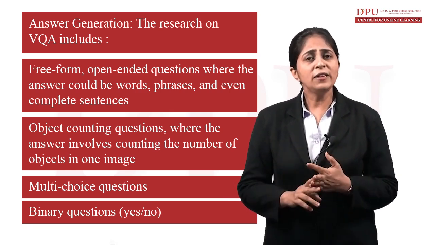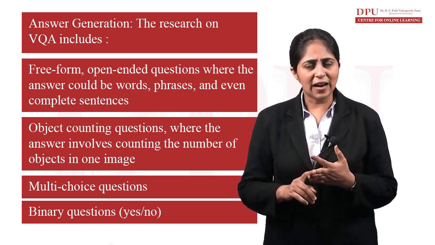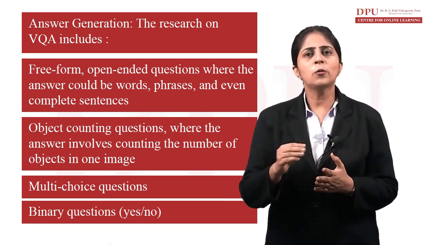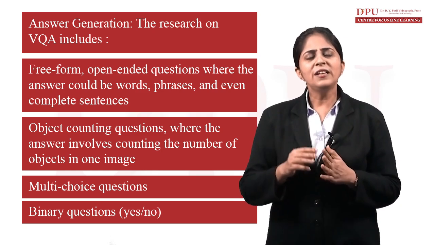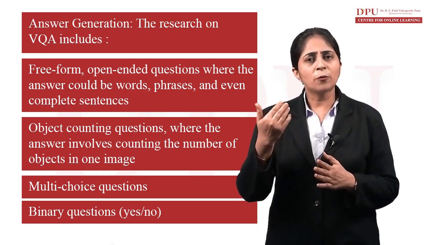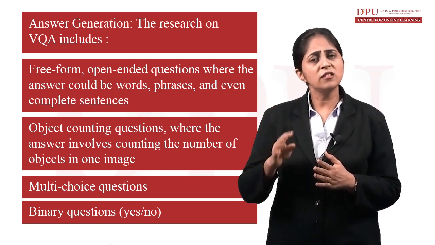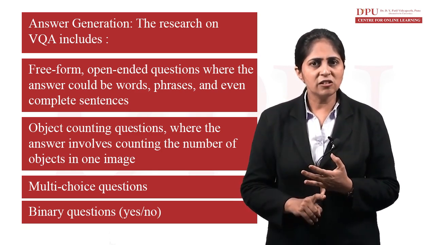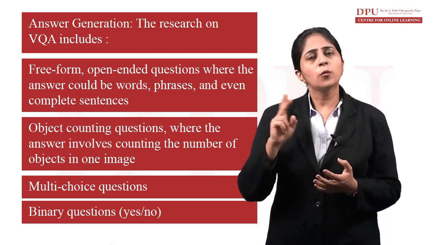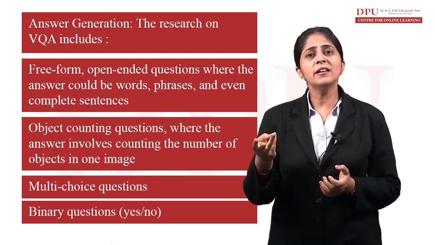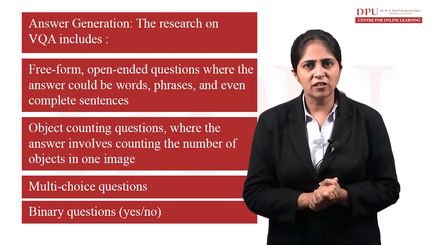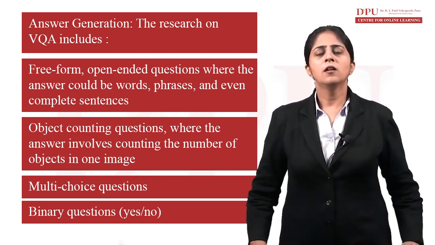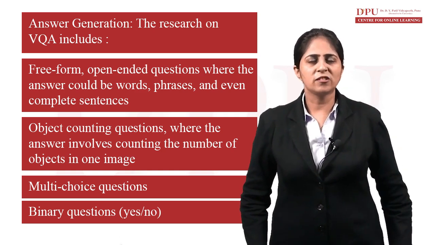So till now we have seen that the task of visual question answering is processed in four major steps. One is image featurization, second is question featurization, third is joint feature representation, and the fourth one is answer generation. So this was about visual question answering.